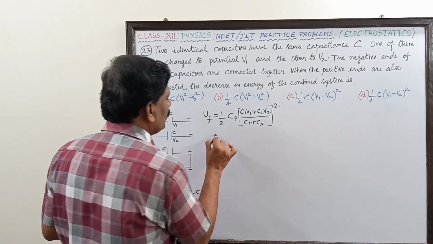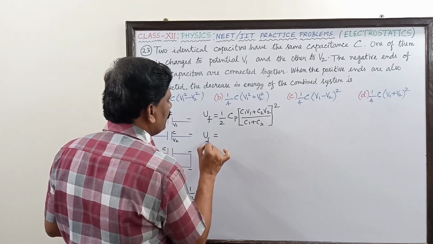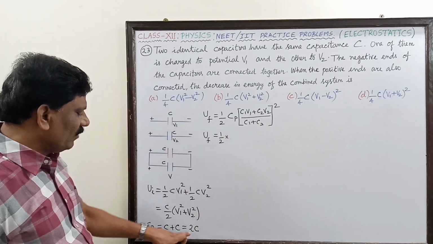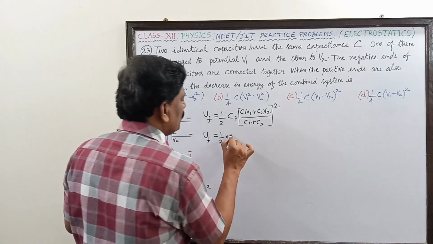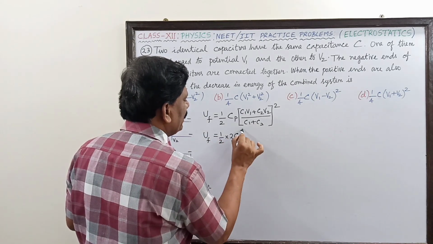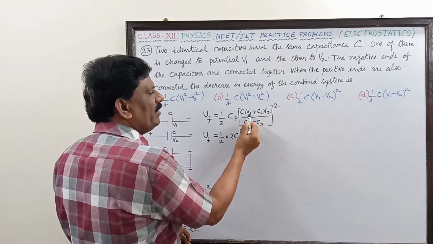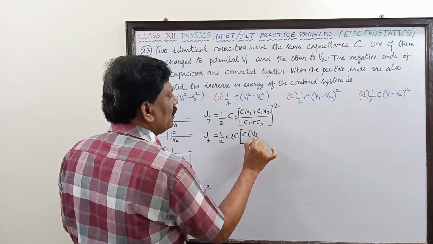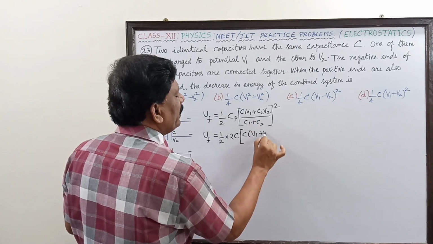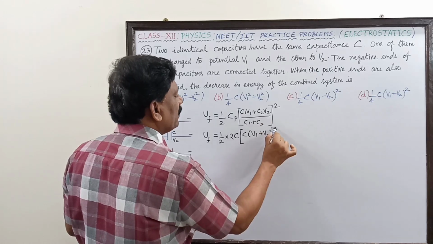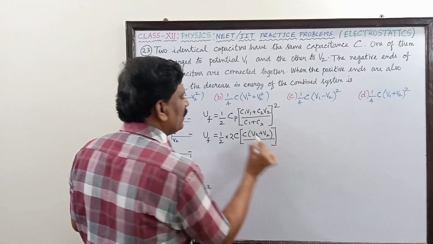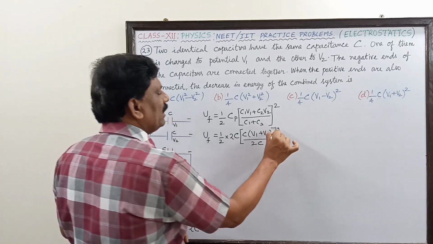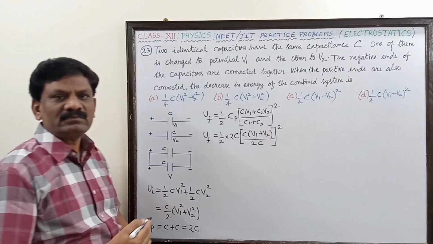So U final is equal to 1 by 2 into C parallel, which we have found already is 2C, into [(C V1 plus C V2) divided by (C1 plus C2), which is C plus C, equal to 2C] the whole square.